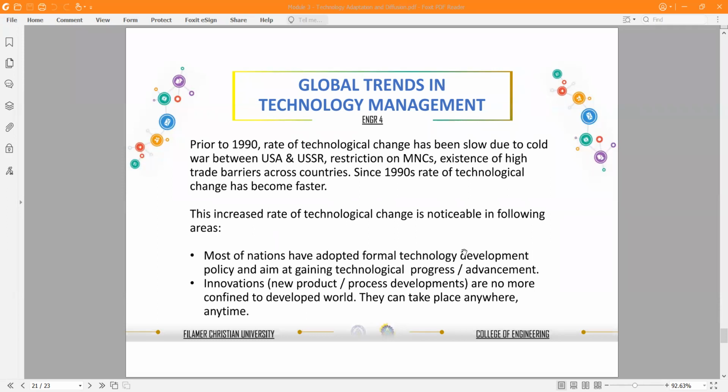So how can we know the technology now, or the technological change? First, most nations have adopted a formal technology development policy and aim at gaining technological progress or advancement. Within the countries, which ones have implemented 5G, and when did they start implementing the 5G network in telecommunications?